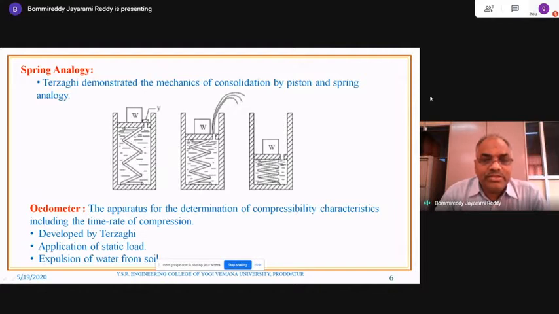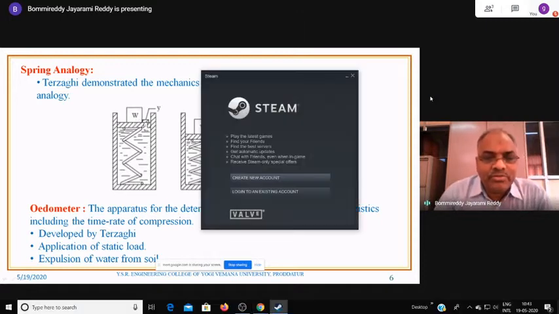The spring is nothing but the soil particles in the soil, and the fluid in the piston is nothing but the water present in the soil. Initially, when the static load W is applied, and if there is a small opening, that opening is also closed, then the entire static load will be taken up by the soil and also the water. But water exerts some pressure.